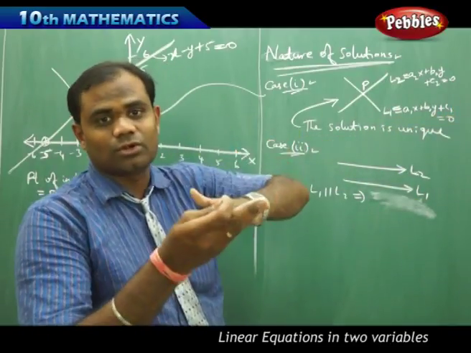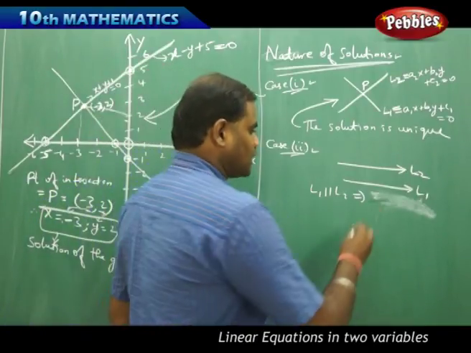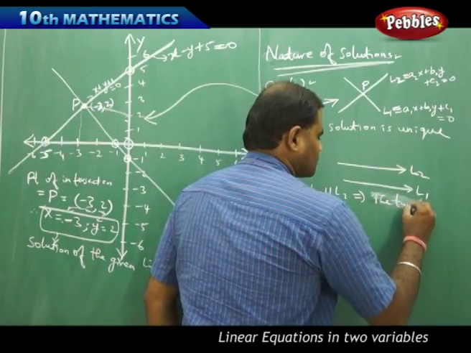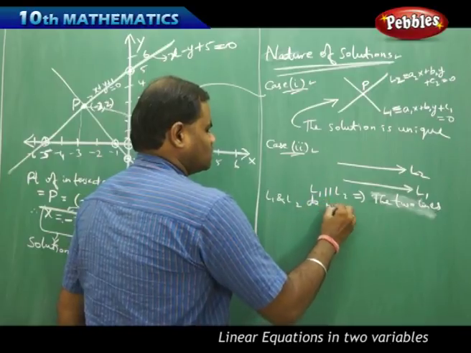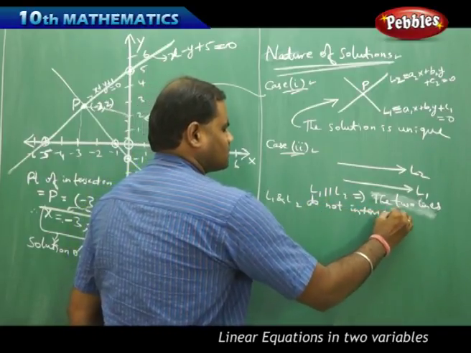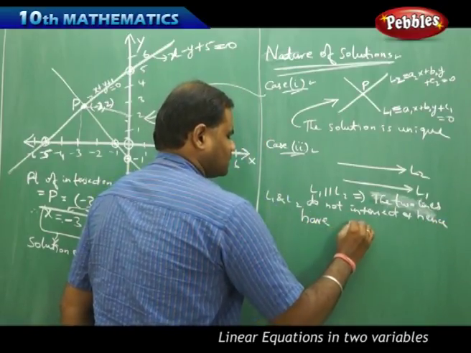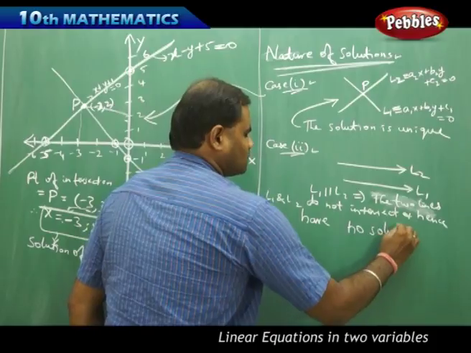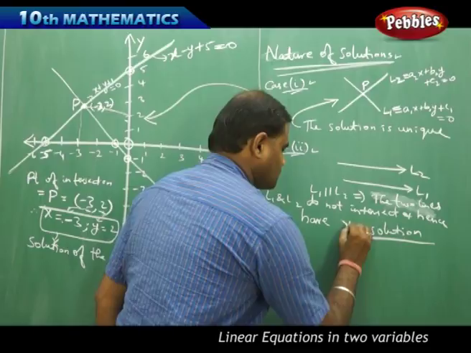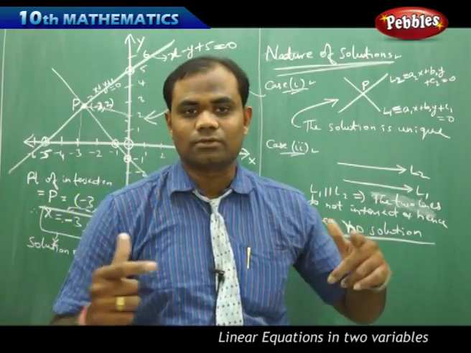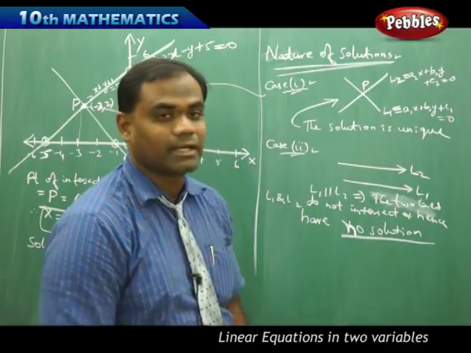That means when two lines do not meet, there is no point of intersection and hence no solution. That implies the two lines L1 and L2 do not intersect and hence have no solution. They do not have a solution because they do not meet. No intersection, no solution is how we understand this.